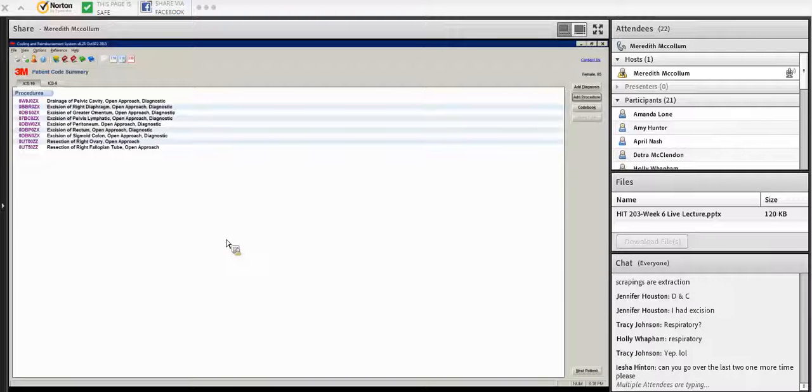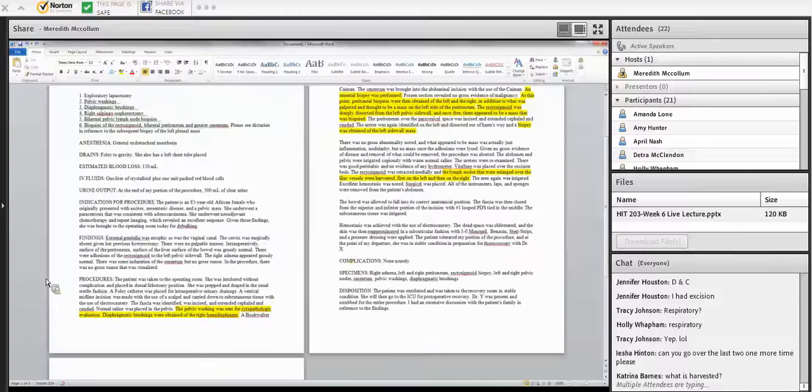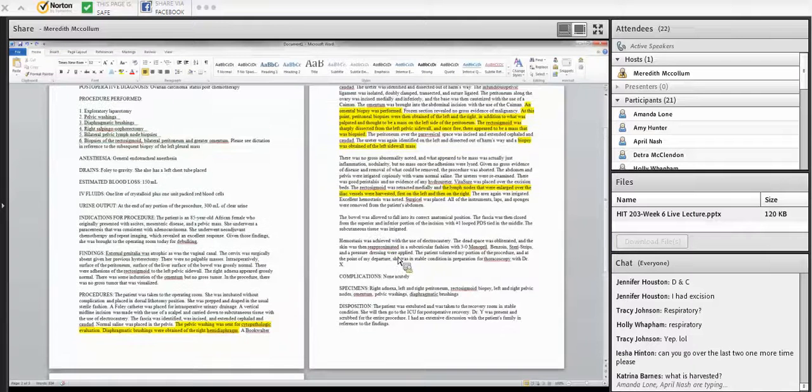So I realize some of y'all, the last two, Aisha, the ovary and fallopian tube. What is harvested? Let me see. Katrina, where are you talking about? Where are you seeing the harvested?